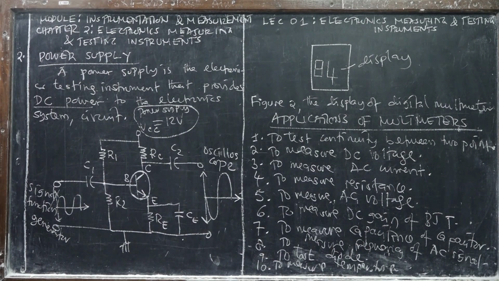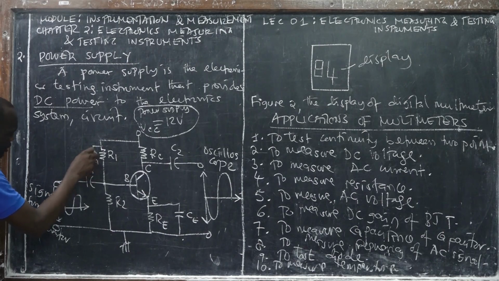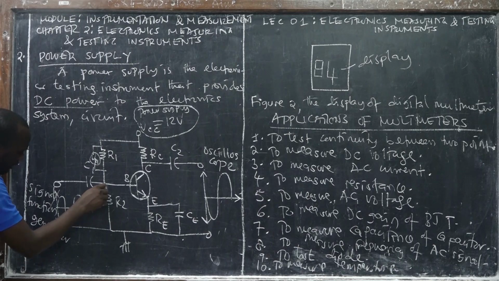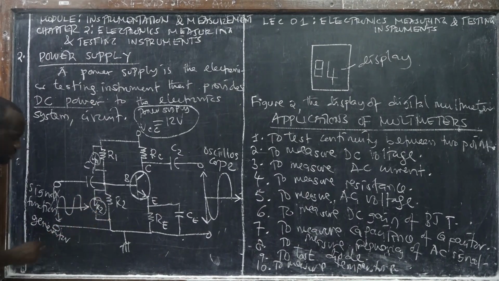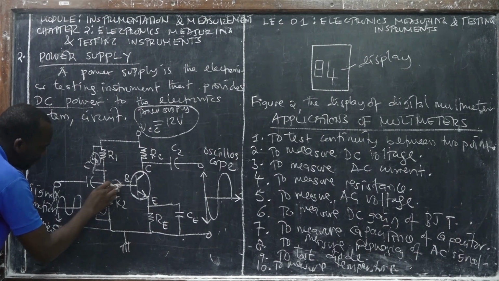So you have noticed that this is the power supply, this is the signal function generator, this is the oscilloscope. For measuring the voltage across R1, you'll be using a DC voltmeter. If you want to measure the voltage across R2, which is VR2, you'll be using a DC voltmeter. If you want to measure the base current, you'll be using a milliammeter.